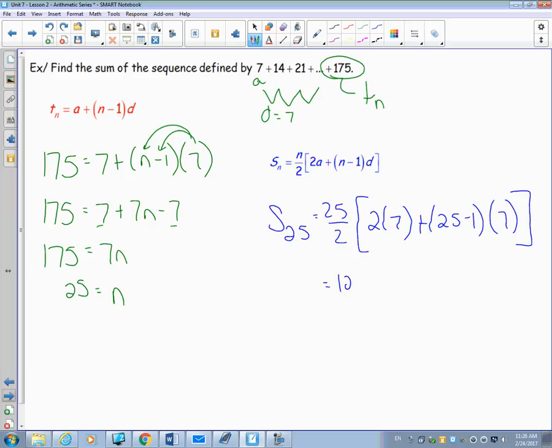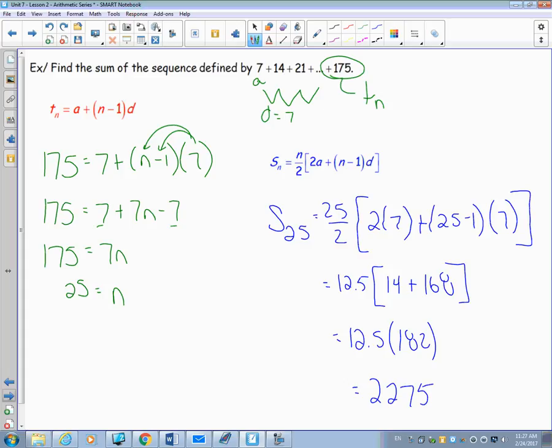Math in 3 spots. 12.5, 14, and 24 times 7 would be 168. So I get 12.5 times 182, and that gives me 2,275.